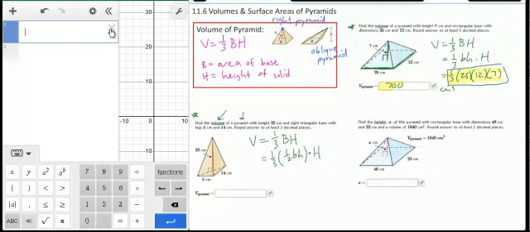Once you have all of this, then you can go in and plug in your numerical values. So 1/2, the base of this triangle has one side of 5 and a perpendicular to that of 14. So you can use 5 and 14 as your base and height. And then the height of the whole pyramid here is 22. And so there's your calculation. Again, nice and easy.